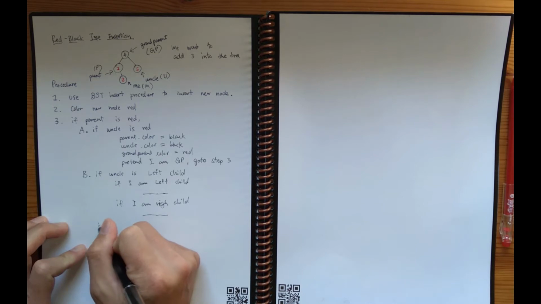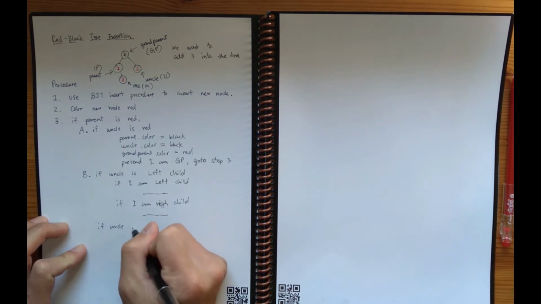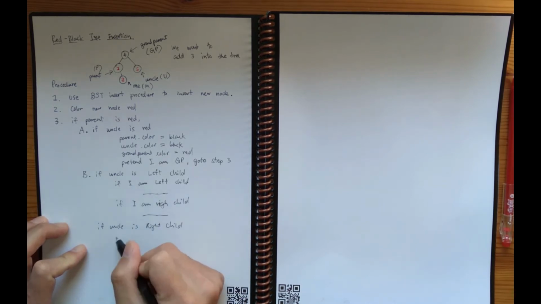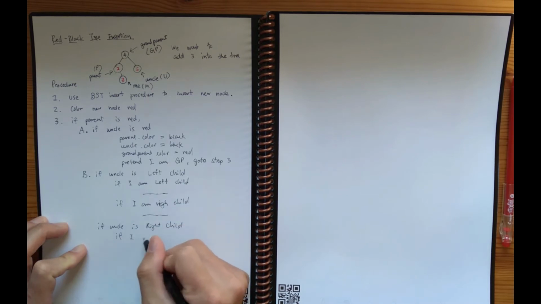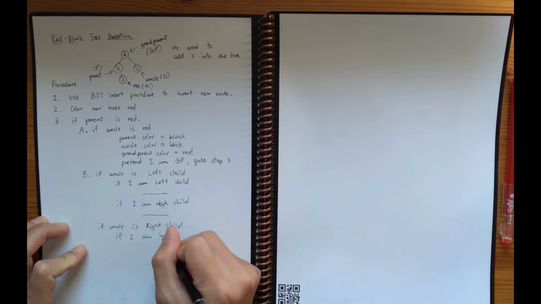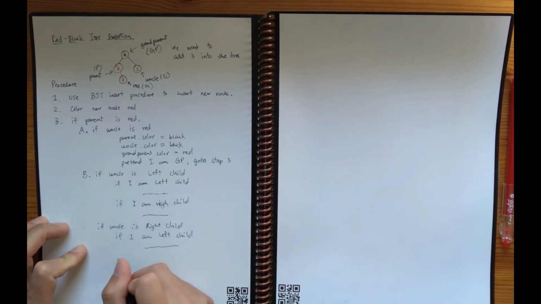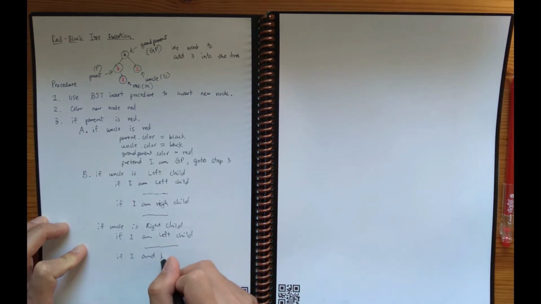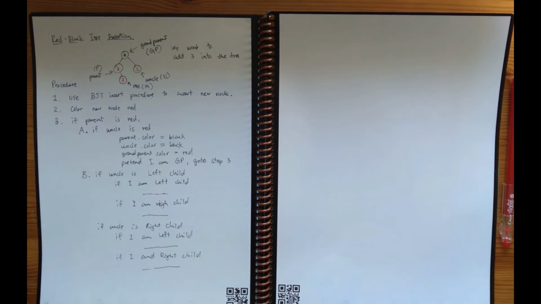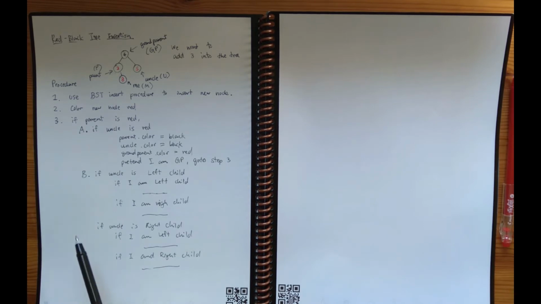And then if my uncle is a right child, and I am the left child, there's this thing to be done. And if I am the right child in this branch, there's another thing to be done. And then at the end, we're going to change our parent to black and change our grandparent to red.